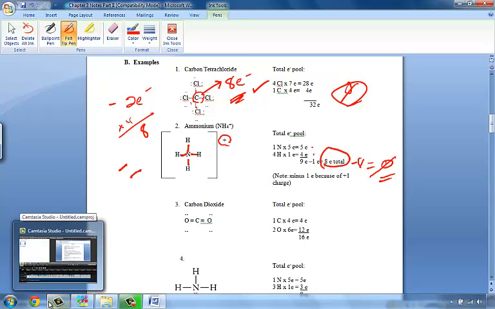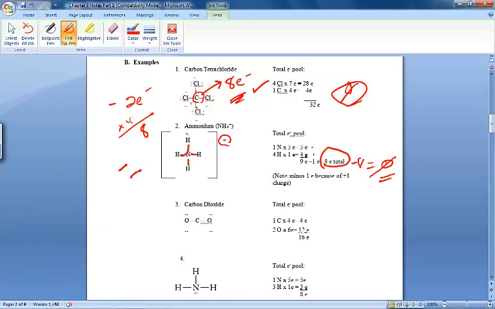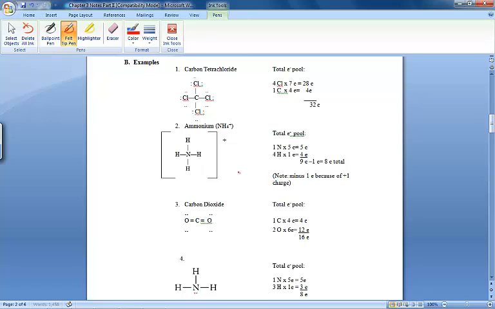Now we've passed one hurdle, but we're not done, because look at this nitrogen. We still haven't looked at that. Does that have an octet? Let's take a look. Nitrogen is in the center. It has 1 bond, 2, 3, and 4. 4 bonds times 2 electrons apiece. Yes, it does have an octet, and we didn't have to do anything to achieve it more than build a skeletal structure.